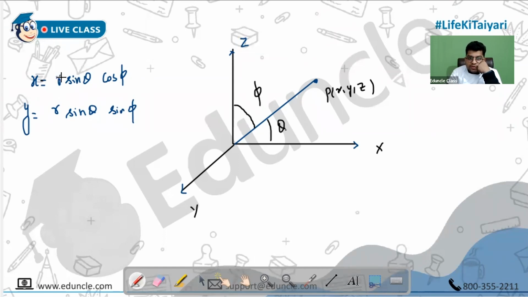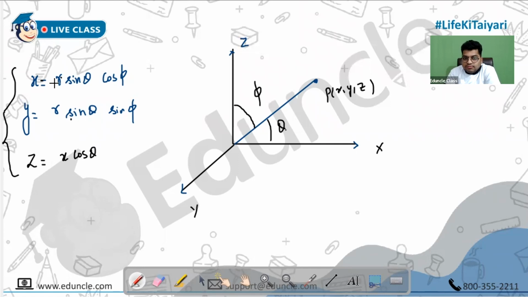Here, x equal to r sin phi cos theta, y equal to r sin phi sin theta, so you multiply by sin phi, okay, and z is equal to r cos phi. This is the spherical coordinate system.